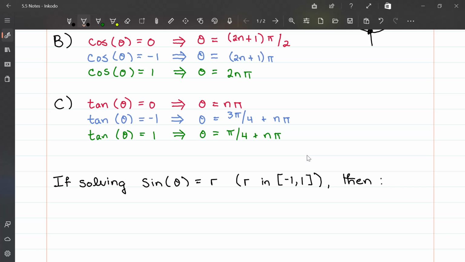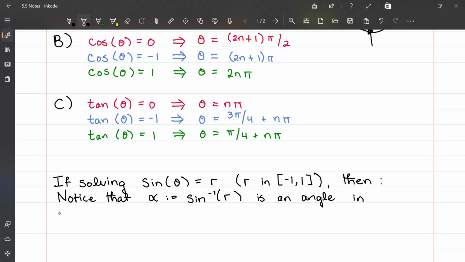So, first of all, we notice that alpha, which is an angle I'm going to get by taking arcsine of r, is an angle in the range of arcsine.